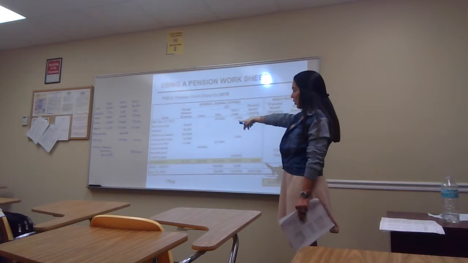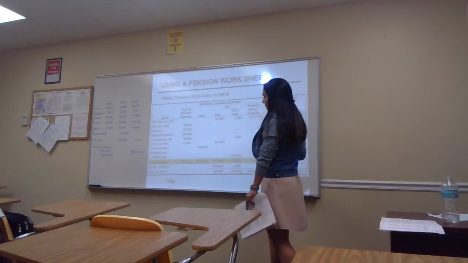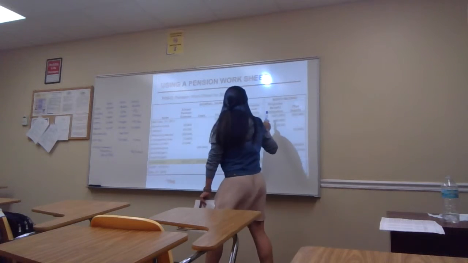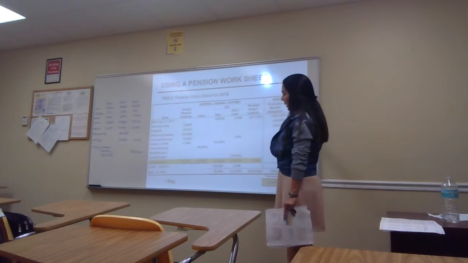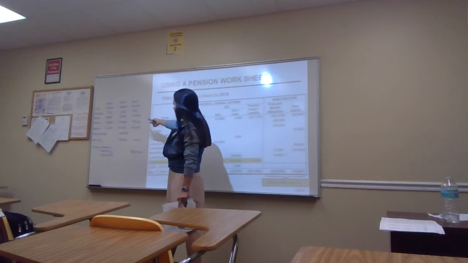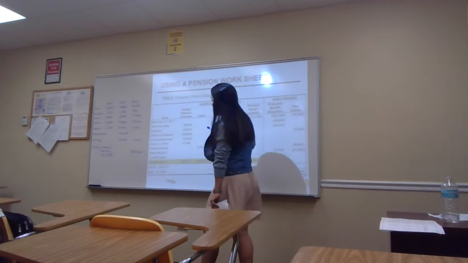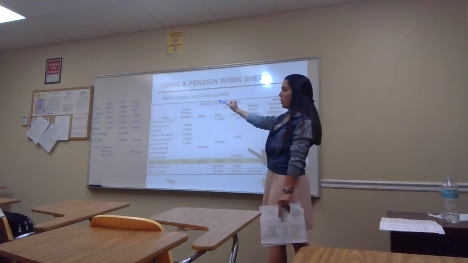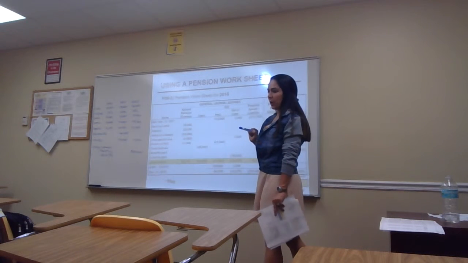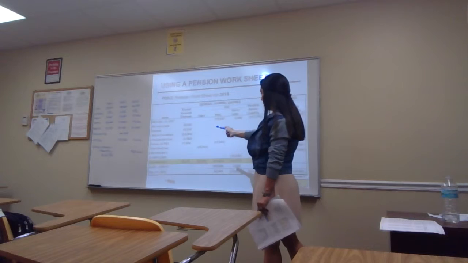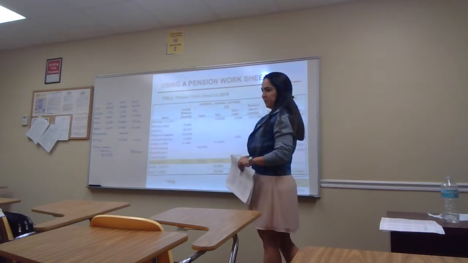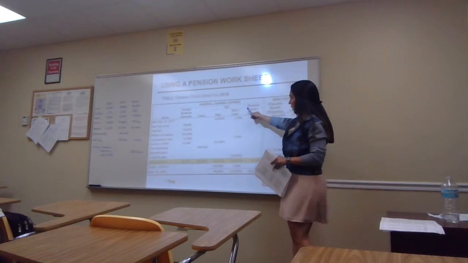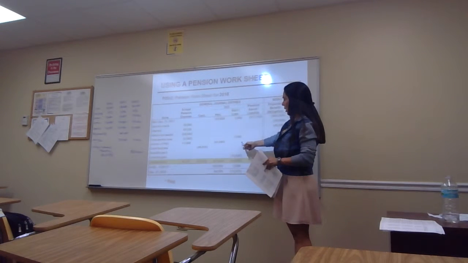Your unexpected gain or loss is when you take the difference between your expected rate of return, which is 10% of your plan asset, plus or minus depending on your actual return. So in this case, we were expecting to receive 26,560, but we only received 24,000, so we had an unexpected loss of 2,560. And it goes on this column here, gain or loss, OCI here.